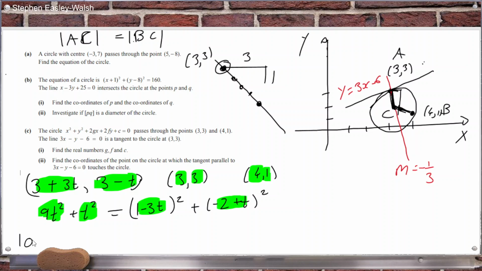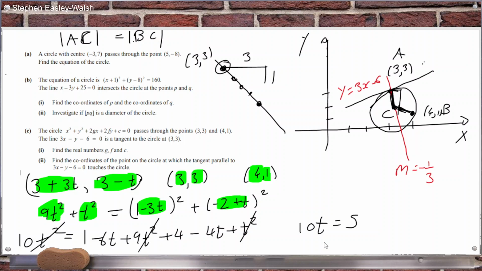So that's 10t squared equals 1 minus 6t plus 9t squared plus 4 minus 4t plus t squared. That's good because it's not quadratic. 9 and 1 makes 10, which cancels with that. So taking the t's to the left, I get 10t equals 5. So that means t is a half then.